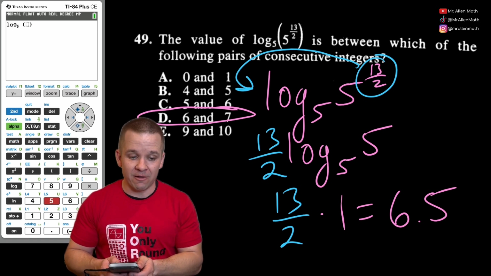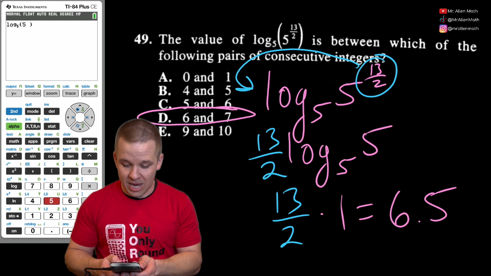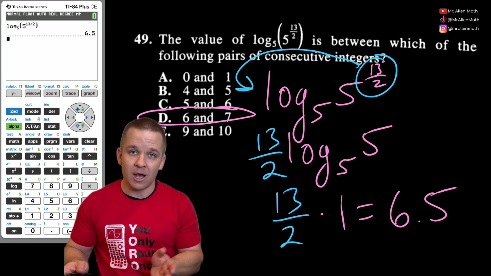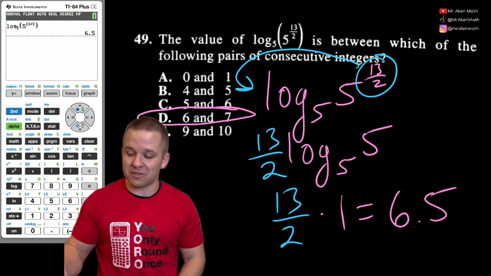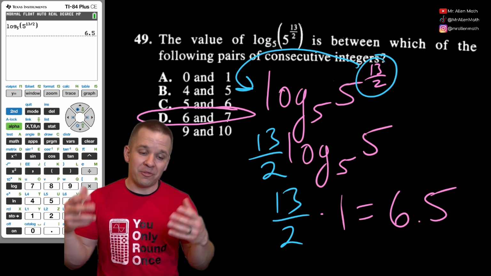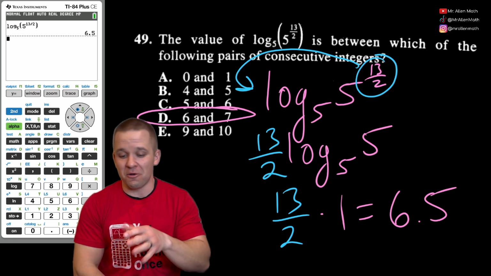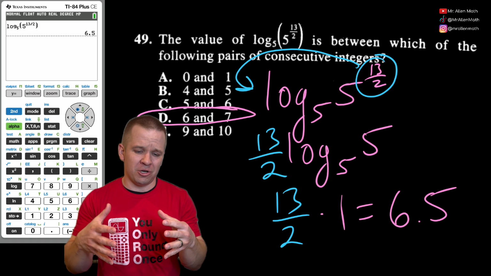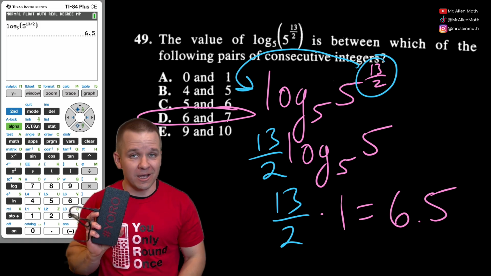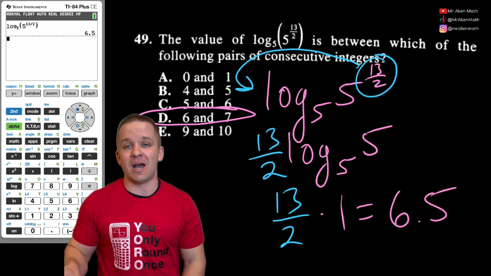And you can type in 5, you can type in 5 again, and raise it to the 13 over 2, hit enter, I get 6.5. Easy as that. So your calculator can be your best friend, especially in a pinch, and that will help you evaluate that if you didn't know your fancy little log properties like I just showed you. But I would be remiss if I didn't show you the nitty-gritty math as well as the calculator hack to get you by on that ACT.